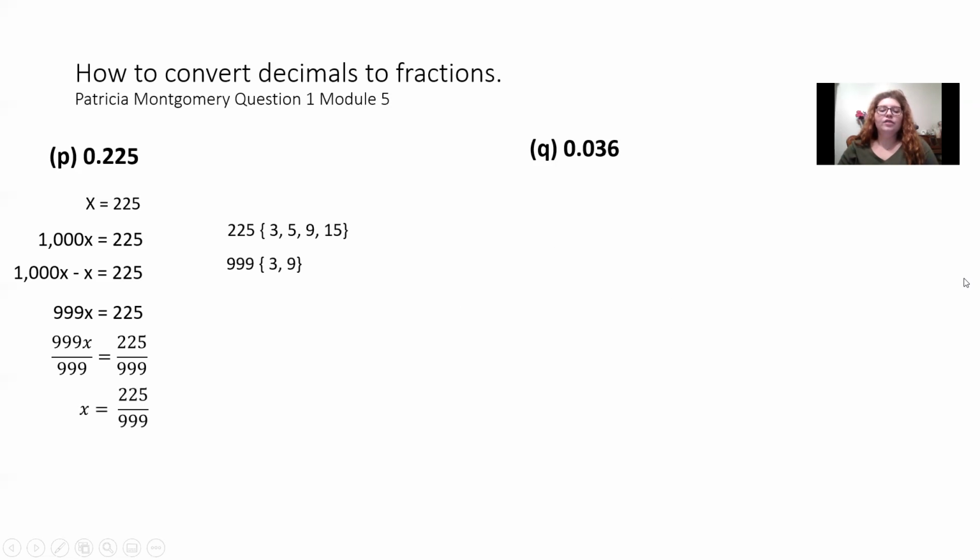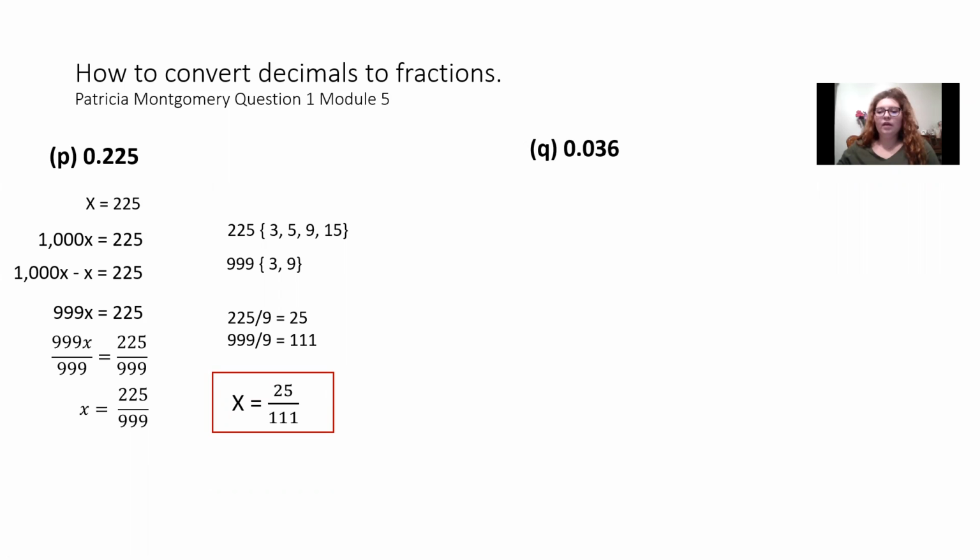Now, in order for us to simplify that, we're going to look at the factors that are in common so that we can try to get that down. For 225, it's 3, 5, 9, and 15. And then for 999, we can divide by 9. And we're going to be left with 25 over 111.